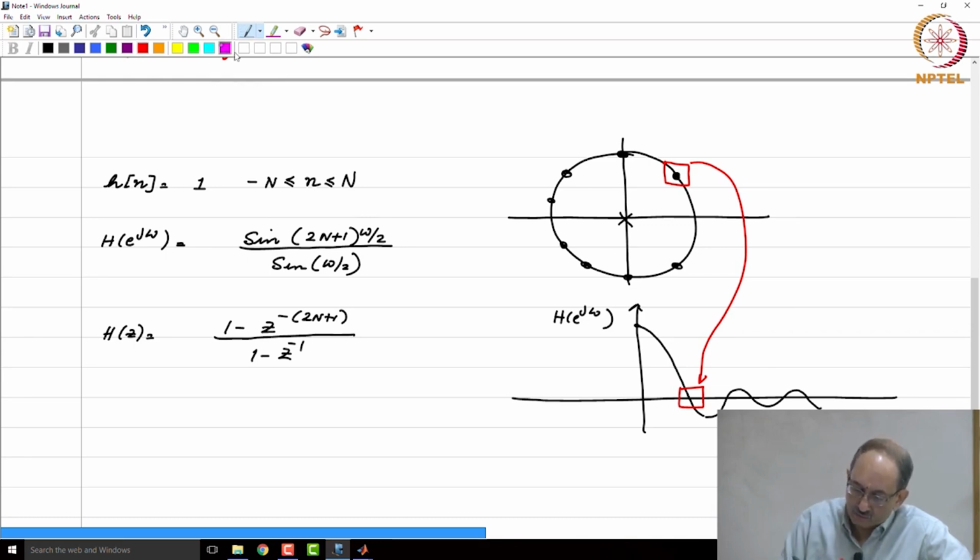The frequency response was positive here, and once you have crossed the 0, the frequency response has now become negative. Therefore, this is the intuition behind crossing a 0: acquiring a phase change of pi really means a sign change. And of course, this is true for every 0 that you cross.